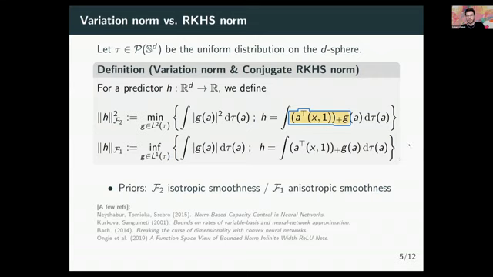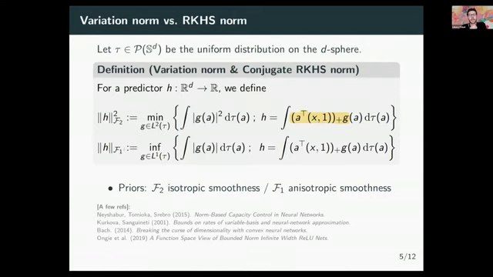Over all such decompositions, using this function g, which represents the weights we give to each of the simple functions, we define the F2 norm as the one with the smallest L2 norm of the decomposition, where g is a function on the sphere, which parameterizes these ridge functions.